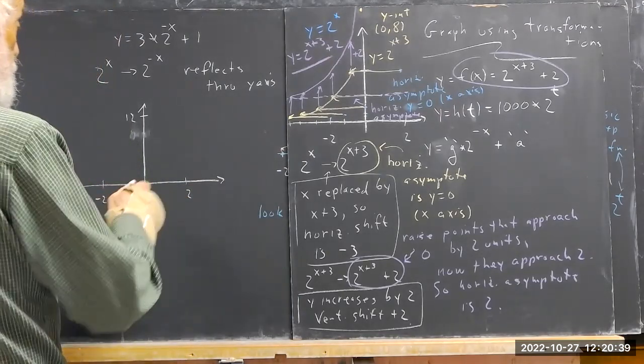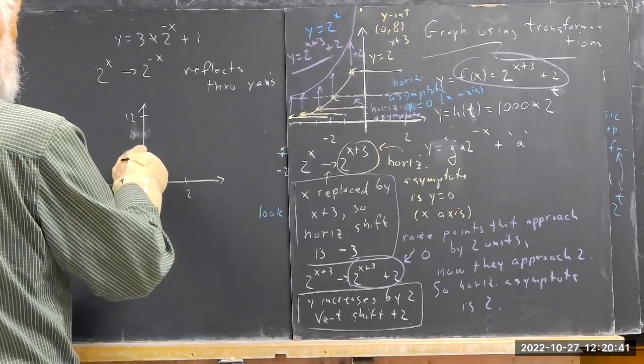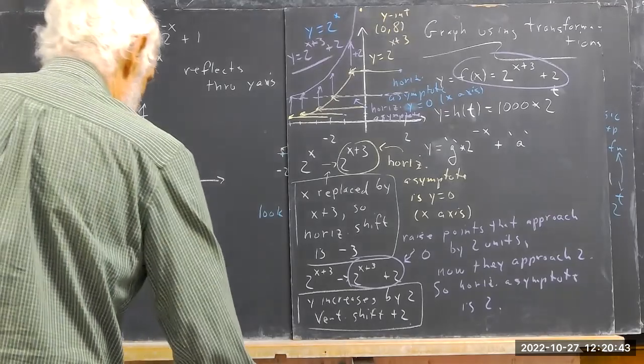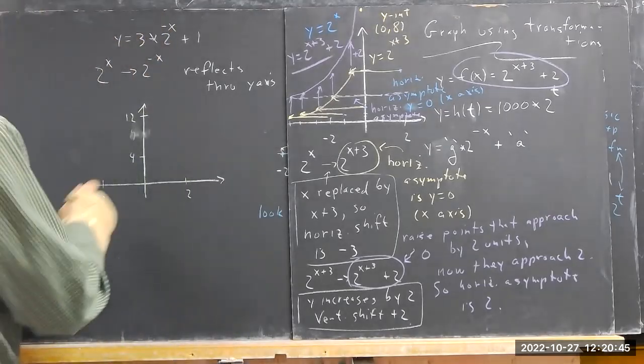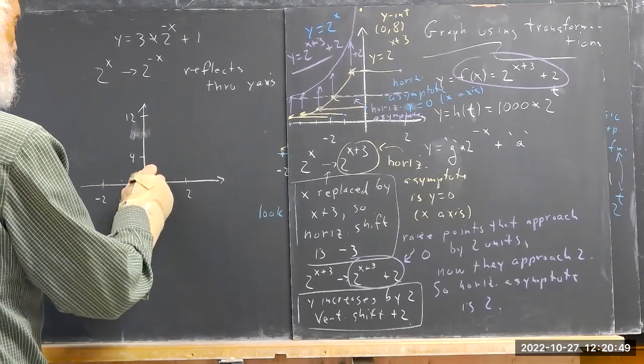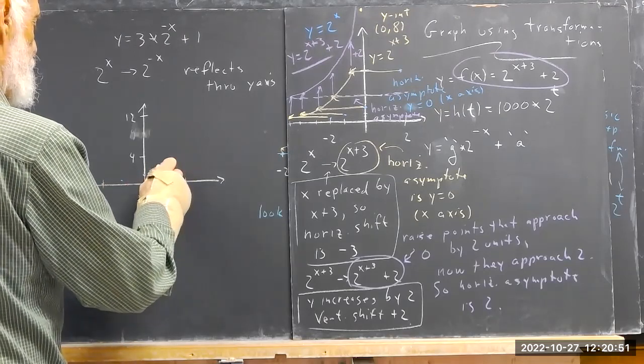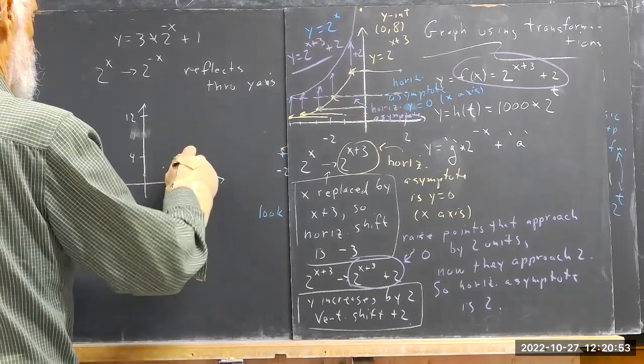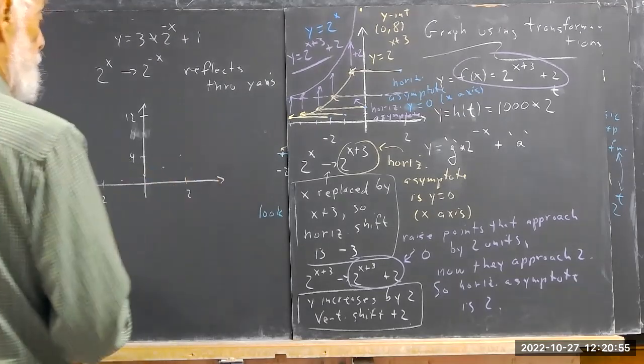So we're ultimately going to need 12, so we're going to put 4 down. And then we're going to put the points of our basic exponential function here, here, here, here, and here.